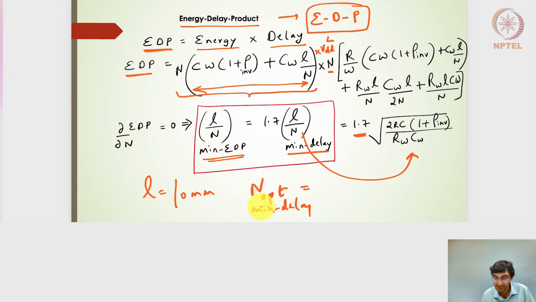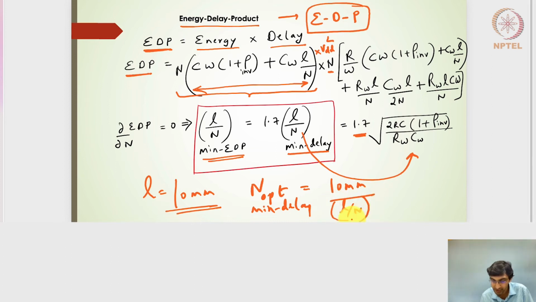So the N optimized segments that have to be created for a 10 mm long wire to achieve the minimum delay will be nothing but 10 mm divided by the optimized L by N for the minimum delay.